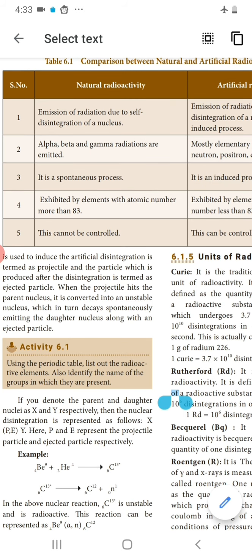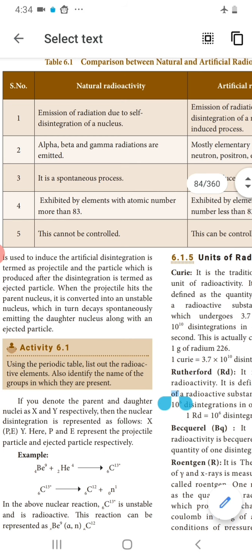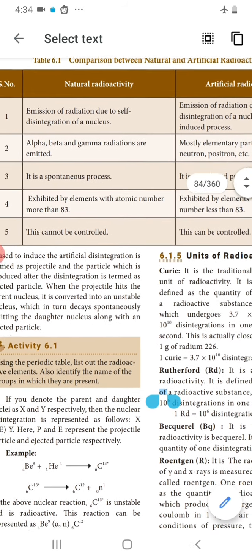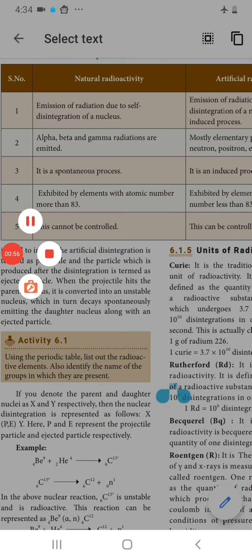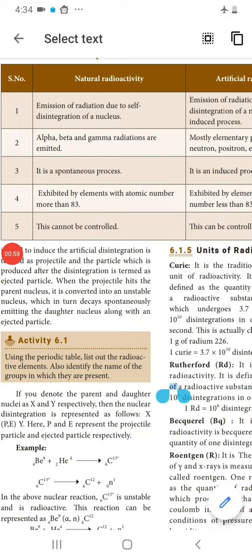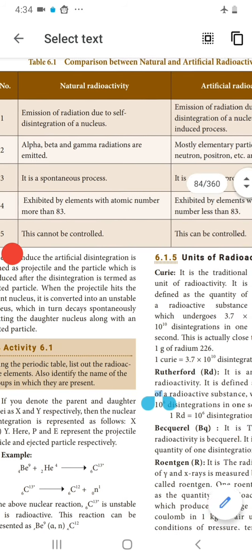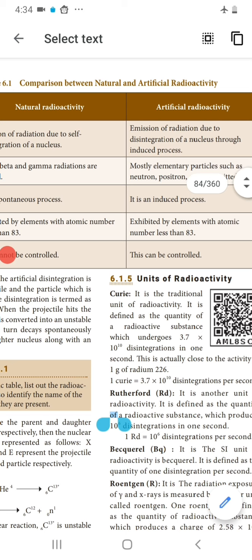Now we'll study the difference between natural and artificial radioactivity. Natural radioactivity: emission of radiation due to self disintegration of nucleus, தன்னைத்தானே disintegrate ஆகிறது. Artificial radioactivity: emission of radiation due to disintegration of nucleus through induced process.